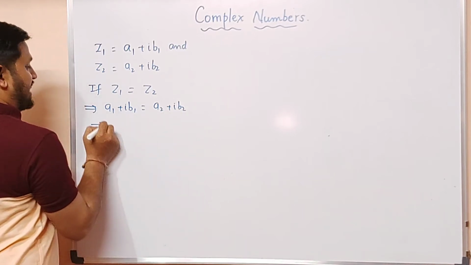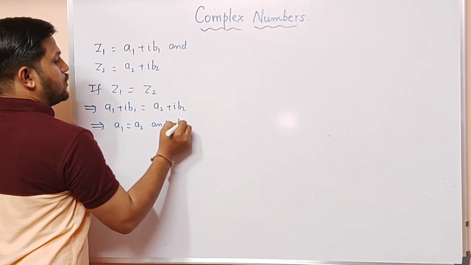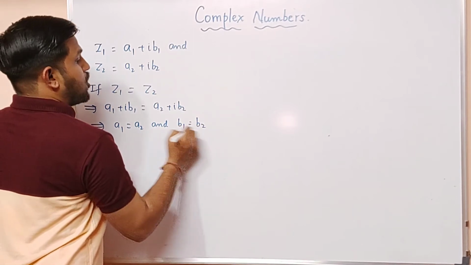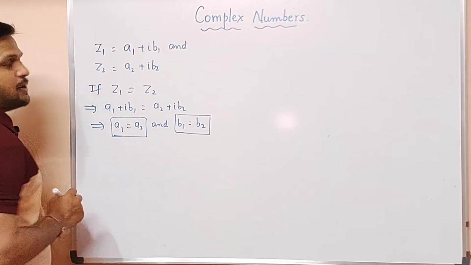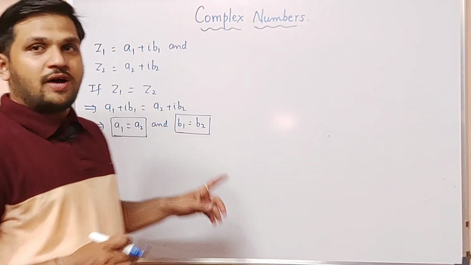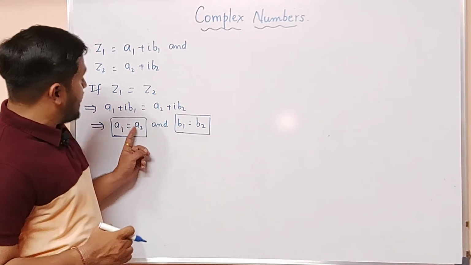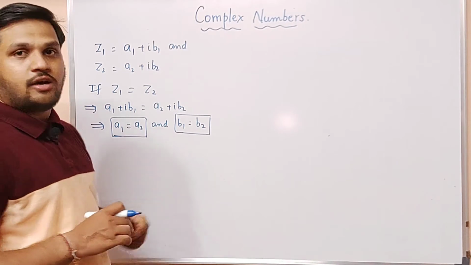So this implies that a1 is equal to a2 and b1 is equal to b2. That means the corresponding real parts are equal and the corresponding imaginary parts are equal. Two complex numbers are equal if and only if the real parts are equal and their imaginary parts are equal.